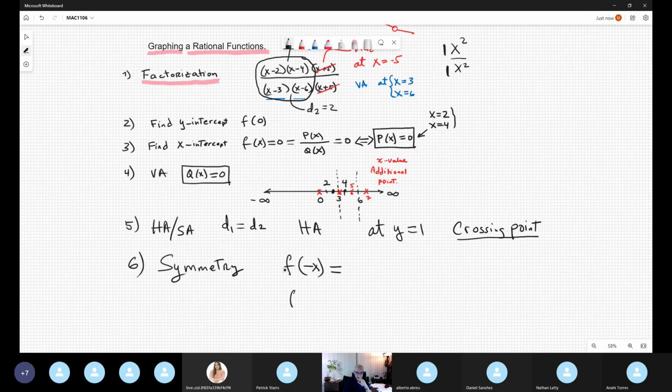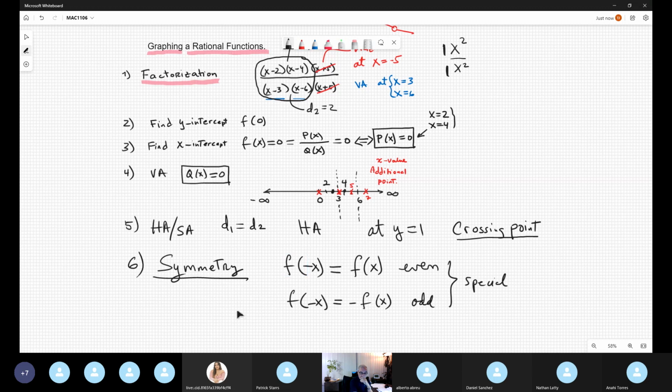So we have 3 possibilities. One possibility is that the function stays the same, doesn't change. In that situation, the function is even. Another possibility is completely opposite signs, and when it's this situation, the function is odd. But this is special.